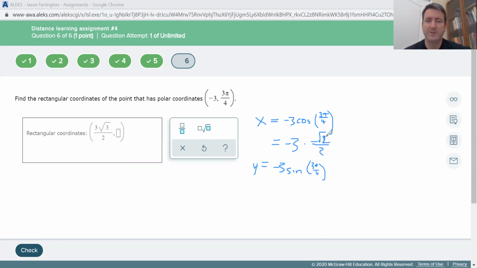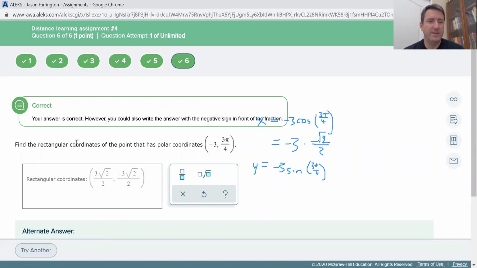This is square root of 2 over 2. Let's go fix our answer over here. This should be square root of 2. And the sine is going to be positive square root of 2 over 2. So this is going to be the same answer, only negative. -3 times positive square root of 2 over 2 is going to be negative. So -3 times the square root of 2 divided by 2.